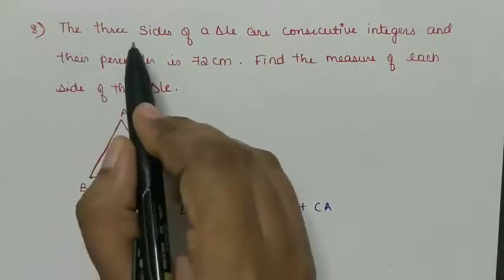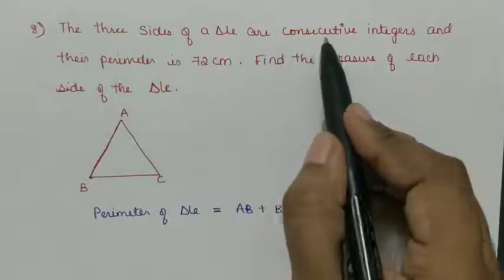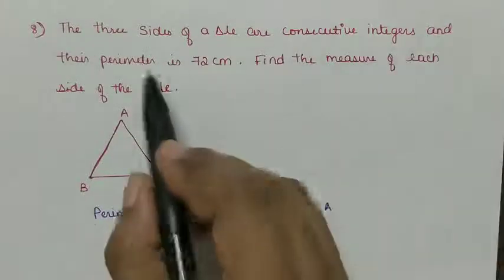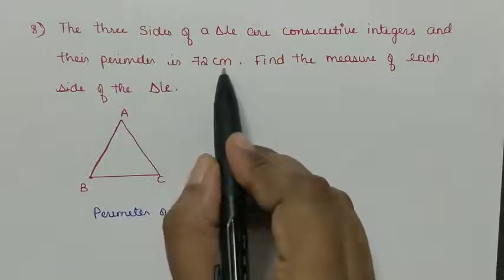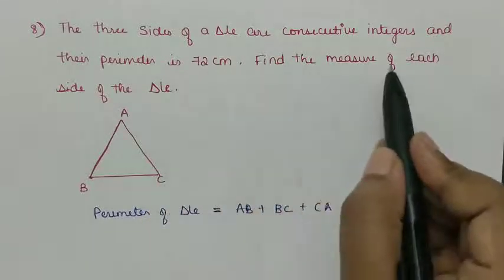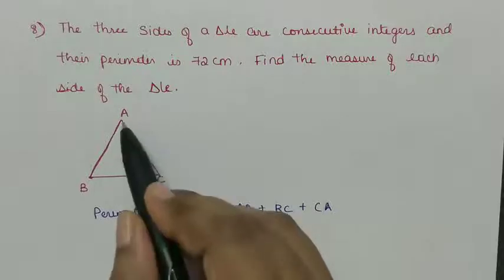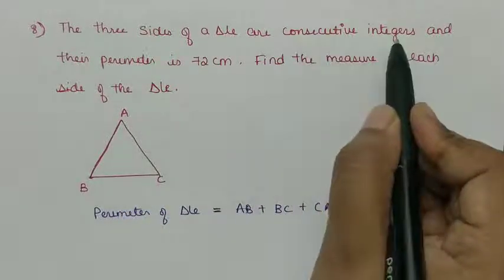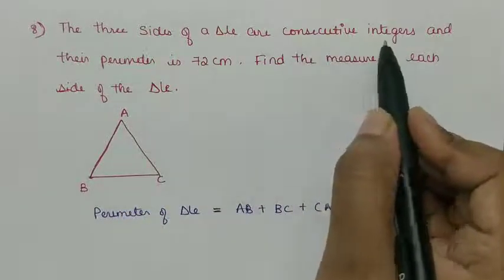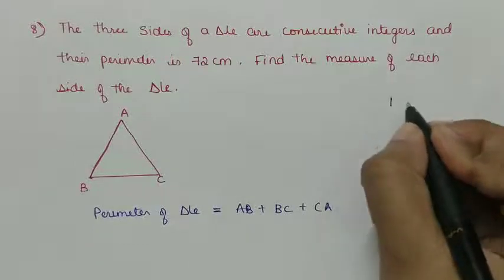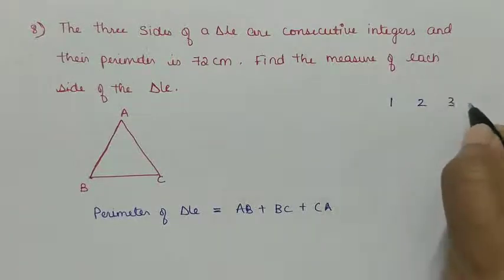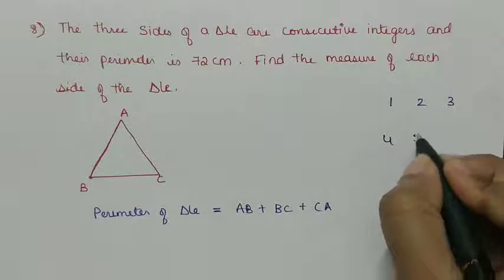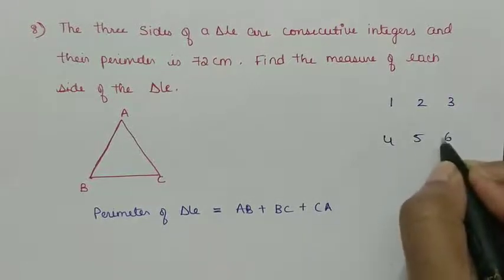Eighth one, the three sides of a triangle are consecutive integers and the perimeter is equal to 72 centimeters. Find the measure of each side of the triangle. Consecutive integers means continuous integers. Example: 1, 2, 3 or 4, 5, 6 are consecutive integers.